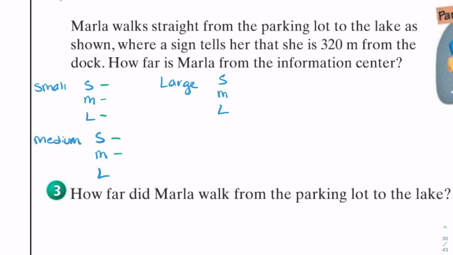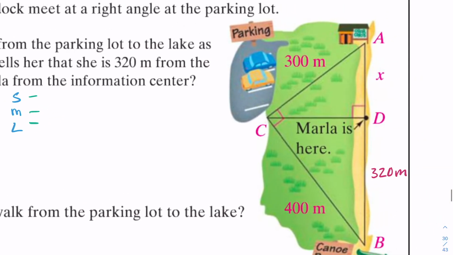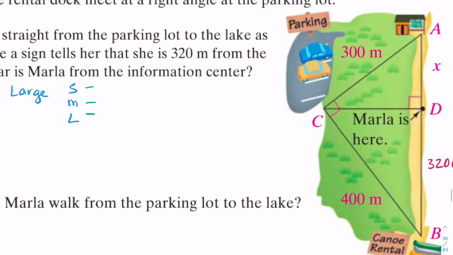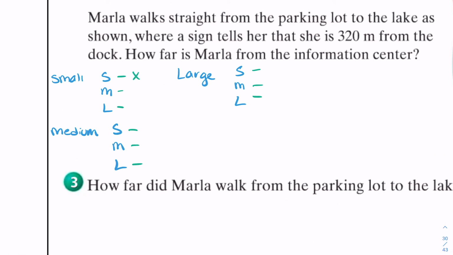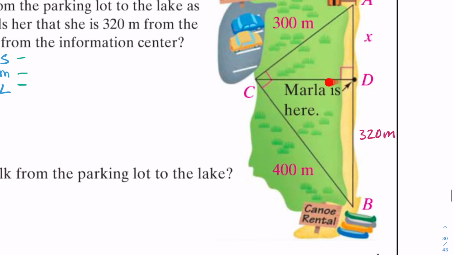Which ones work? So in my small triangle, I was given x as my short side and 300 as my longest hypotenuse side. So x and 300. In the medium, I'm given nothing for this value, but I'm given 320 as my long side, and then the hypotenuse, which is the longest, I have 400.